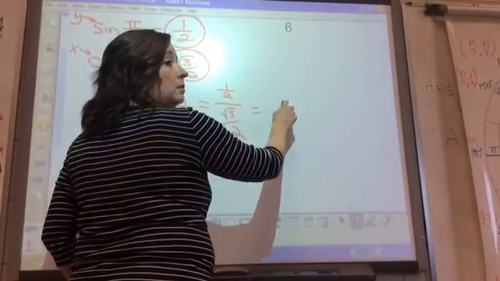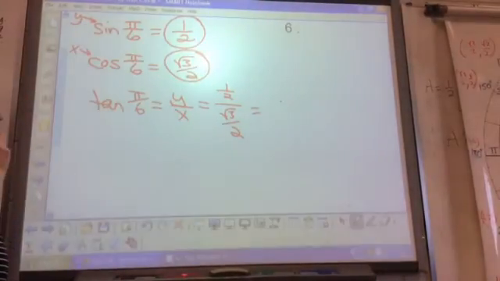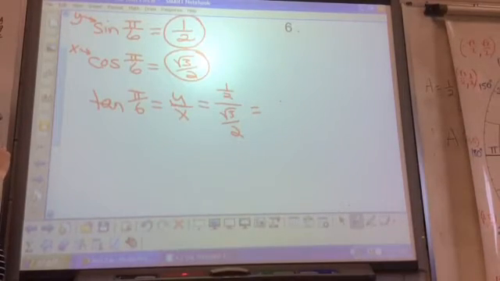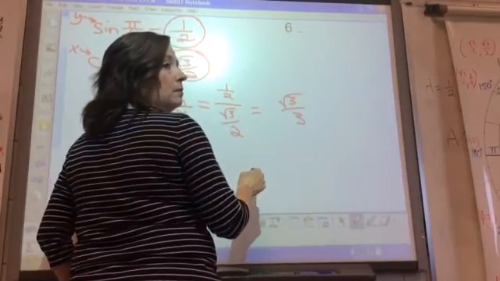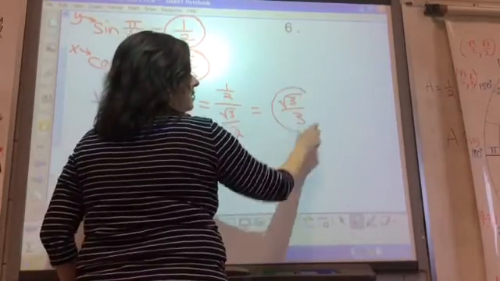What is it? Should be this. Square root of 3 over 3. Yes.